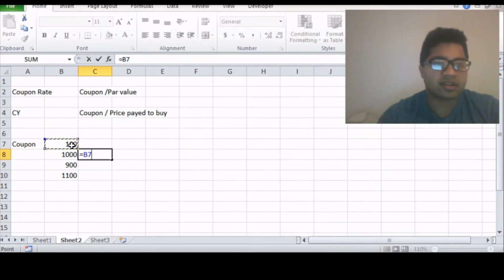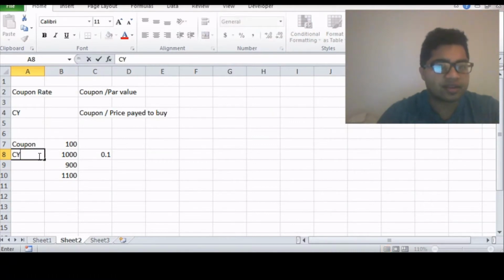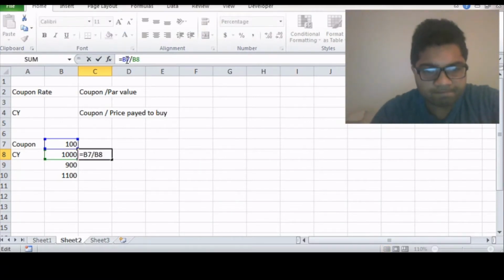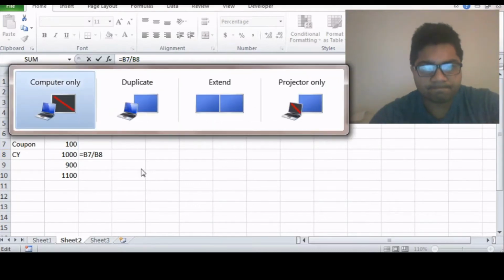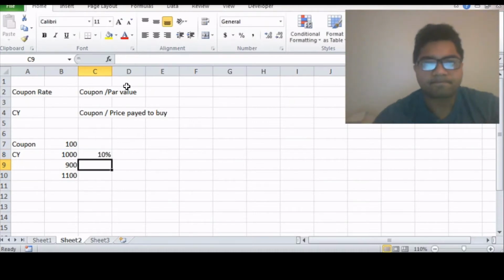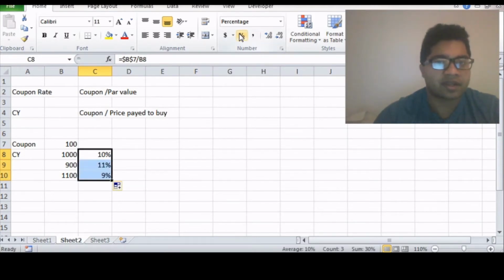So first case, the current yield will be coupon divided by 1,000, that is 10%. This is the current yield. In the second case it will be 100 divided by 900, and 100 divided by 1,100.